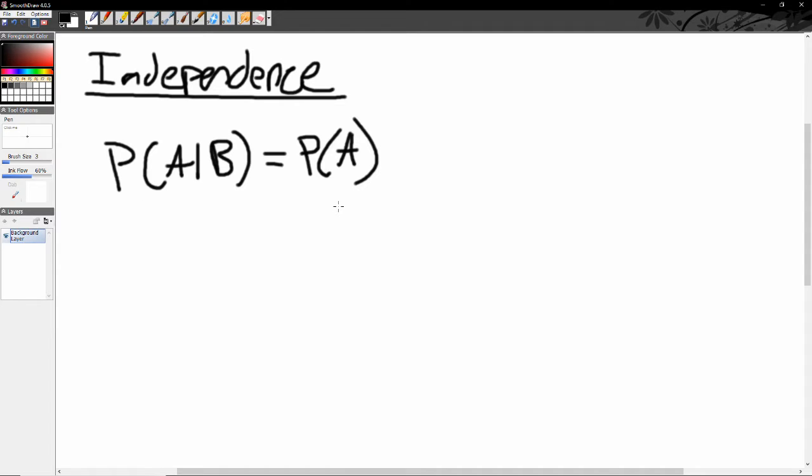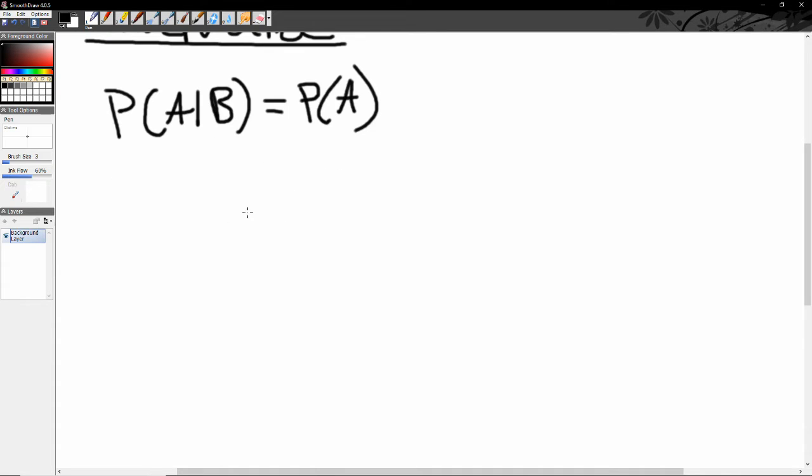So, a couple things that you need to know are that mutually exclusive events are never independent, because for mutually exclusive events, either A or B has to happen. So if A doesn't happen, then B must happen. That means they have an effect on one another. If two probabilities have an effect on one another, then they are not independent.